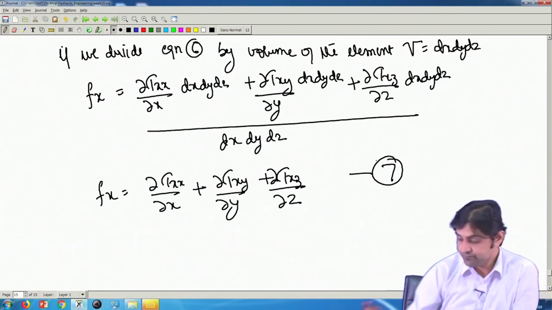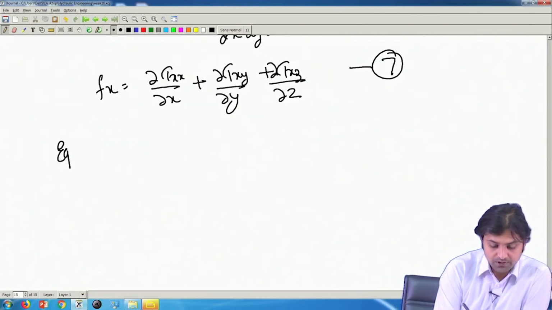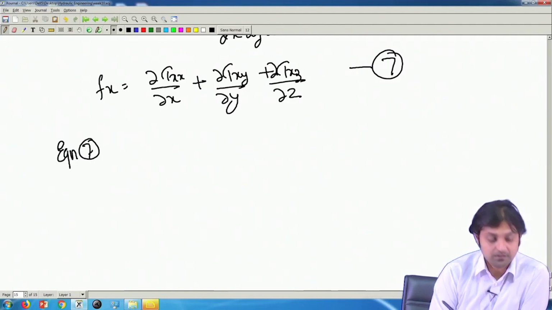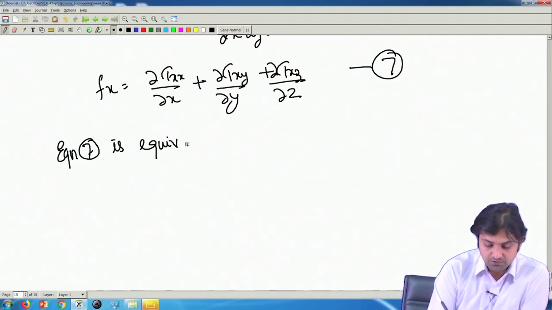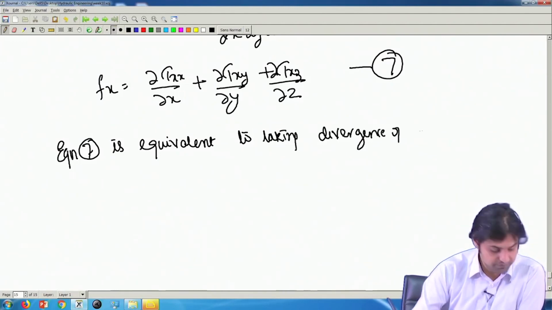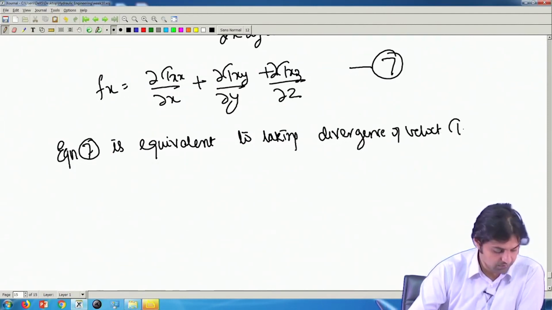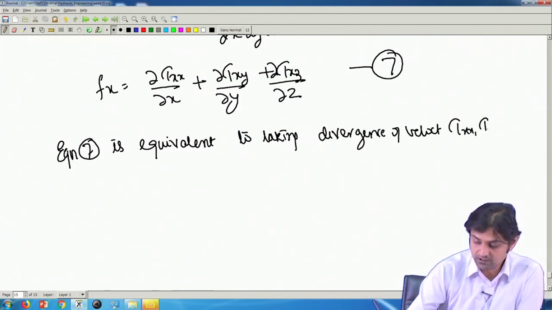All right. So equation 7 is equivalent to taking the divergence of the vector tau xx, tau xy and tau xz.